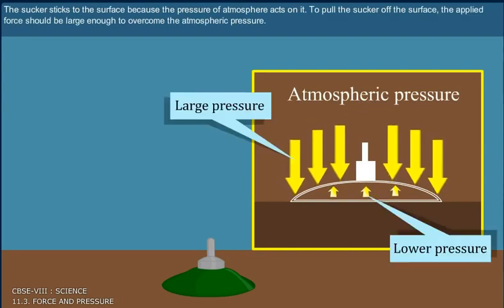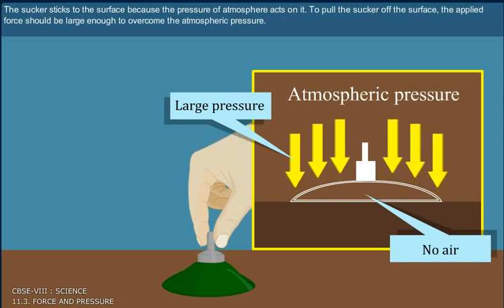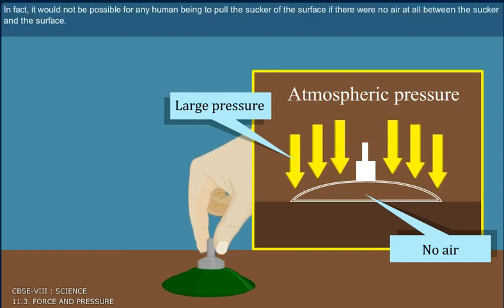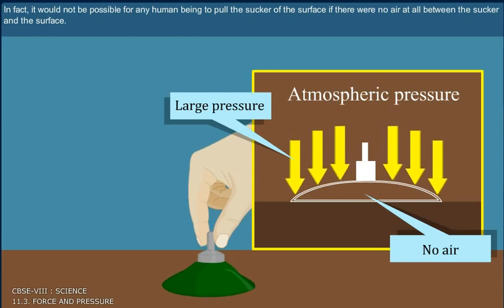The sucker sticks to the surface because the pressure of the atmosphere acts on it. To pull the sucker off the surface, the applied force should be large enough to overcome the atmospheric pressure. This activity might give you an idea about the magnitude of the atmospheric pressure. In fact, it would not be possible for any human being to pull the sucker off the surface if there were no air at all between the sucker and the surface.